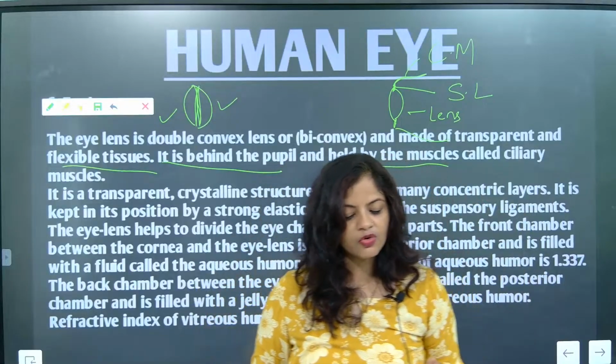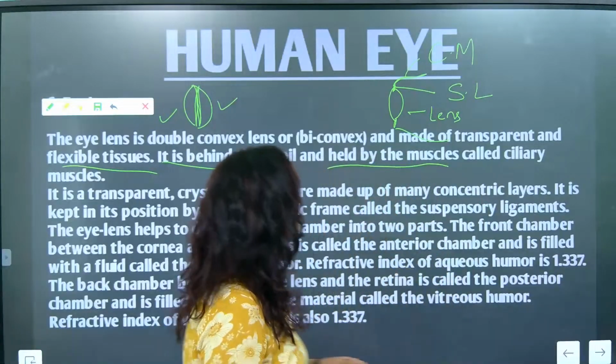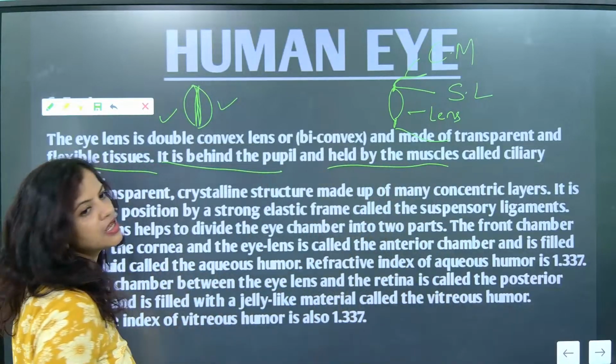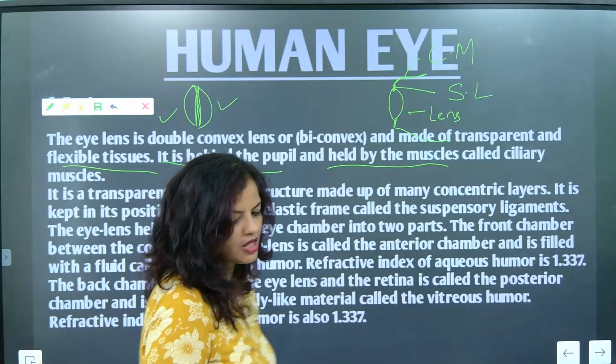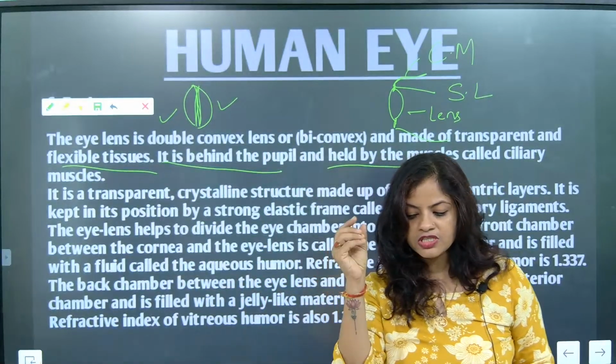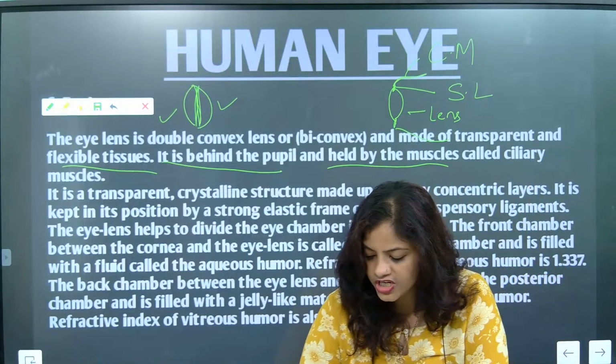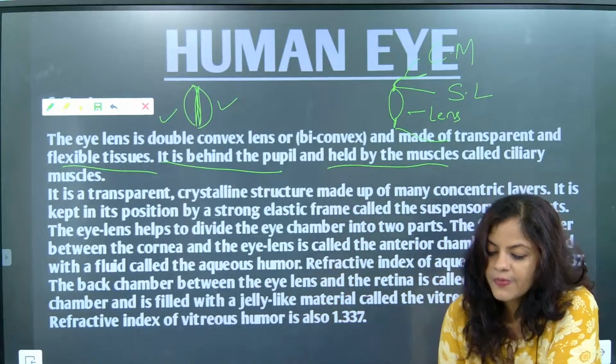Biconvex or only convex? Biconvex. Absolutely. And it is transparent and made with flexible tissues. Flexible tissues, why? Because the shape can keep on changing.